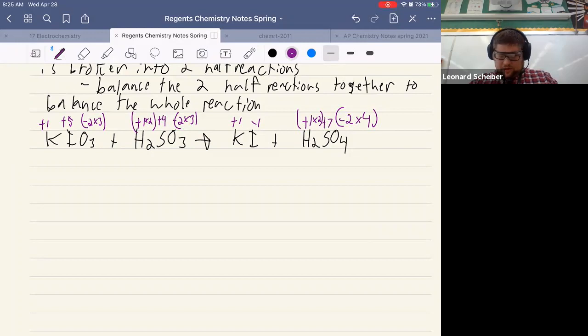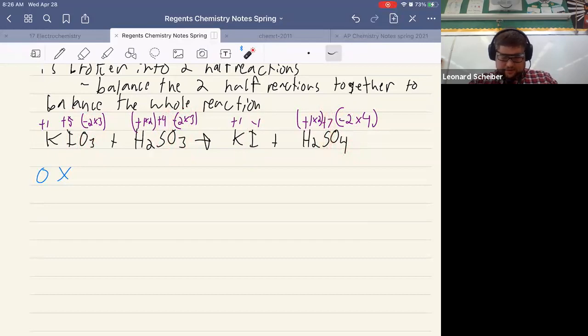So then we got our two half reactions, right? And we can tell the half reactions by looking at what species is being reduced and which species is being oxidized. So let's start with the species being oxidized. And so we notice that K, not changing. O, not changing. But the I is changing and the S is also changing.